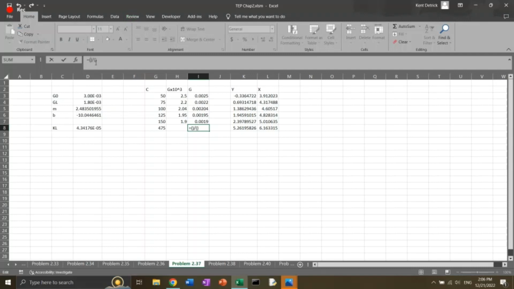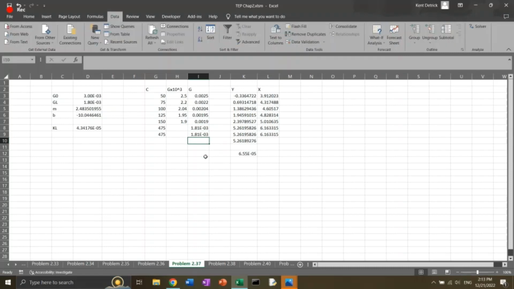The numerator is equal to GO plus GL times exponent Y. Okay, so that's one way to solve for G. So that is the growth rate in millimeters per minute.